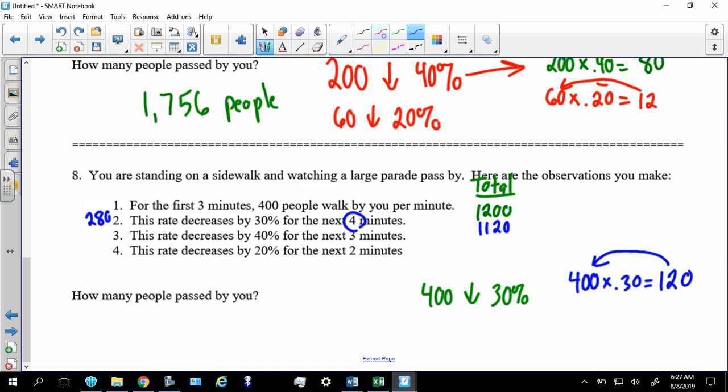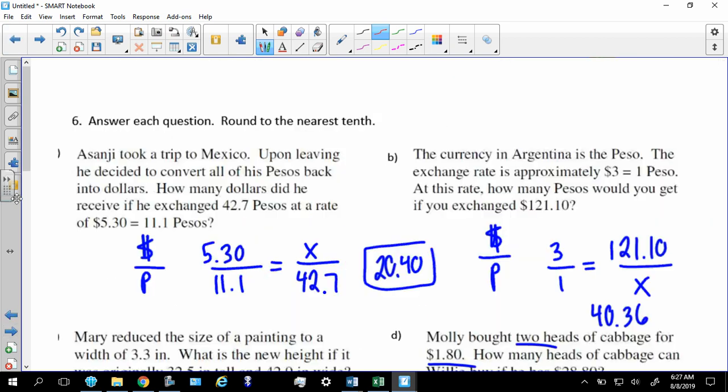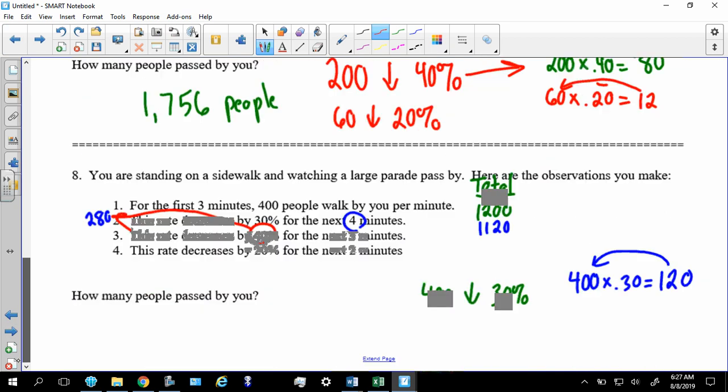Now the next phase is that this rate decreases by 40%. So again, remember, 280 is decreasing by 40%. Oh, hit the wrong button. All right. So, again, 280, I'm just writing my thoughts down, is decreasing by 40%.